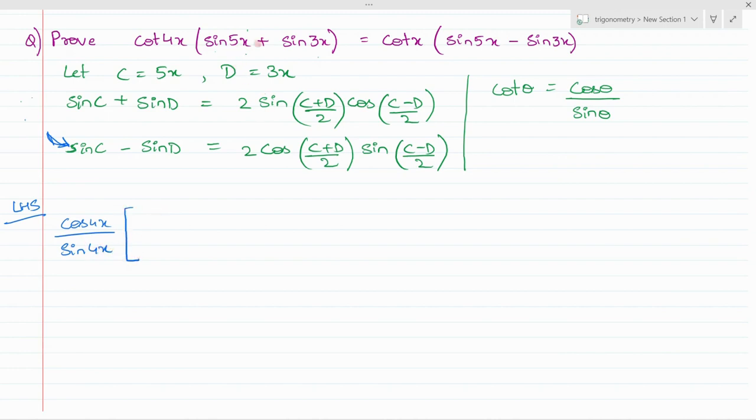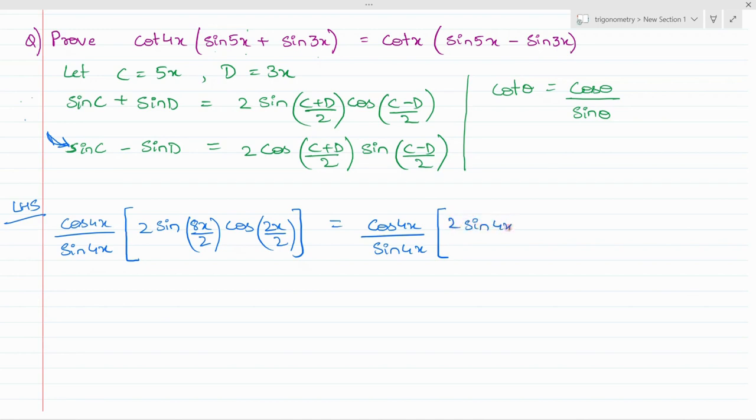into sin C plus sin D, which is 2 sin of (5x plus 3x is 8x) by 2 into cos of 2x by 2. So we will get cos 4x by sin 4x into 2 sin 4x cos x.